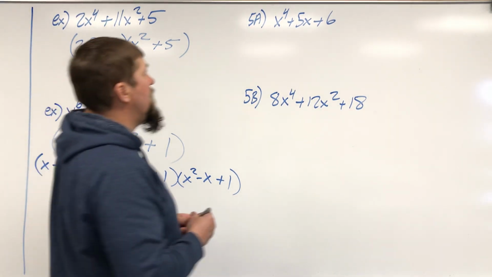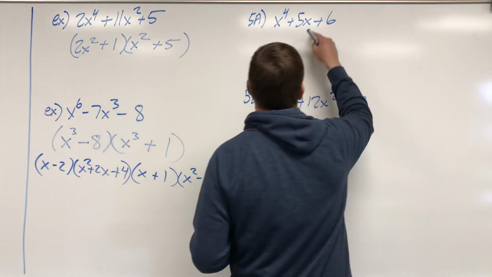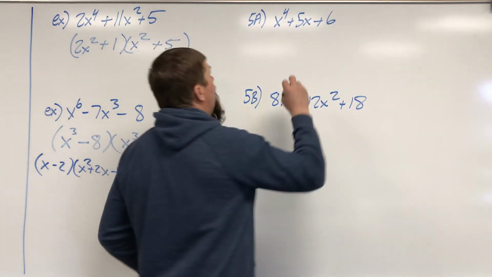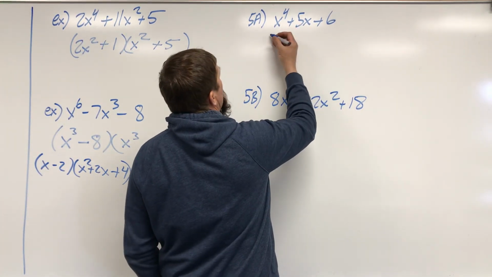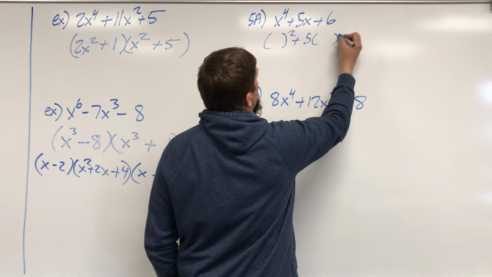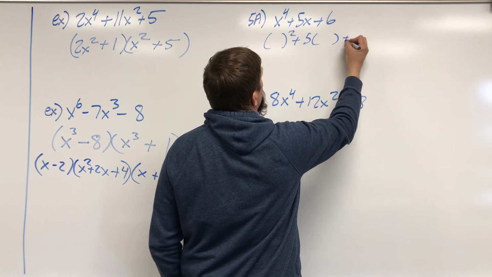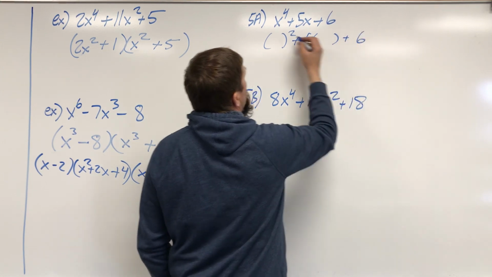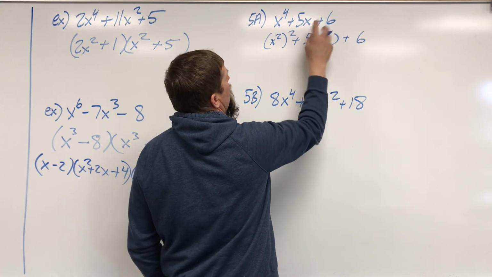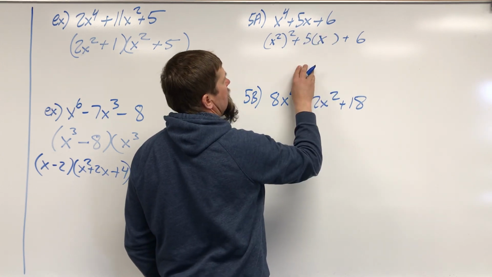All right, let's move on to this one. This is 5A in the book, so you can look at that if you need to. If we try to write this in quadratic form, I put an x squared here, but x squared doesn't work here. It's just x.